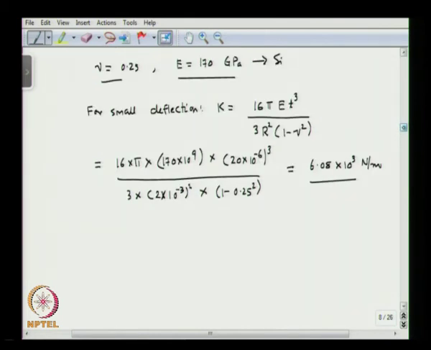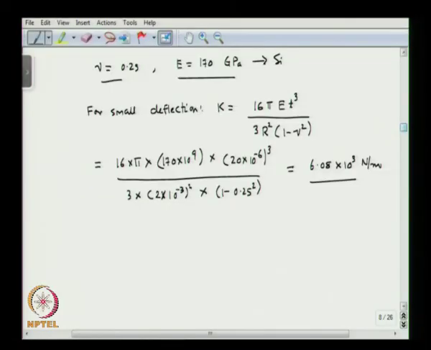Now, if the valve is closed, then the total force exerted on the membrane because of the external pressure will be equal to the force from the pressure at which the fluid is trying to come in plus the spring force exerted by the membrane.